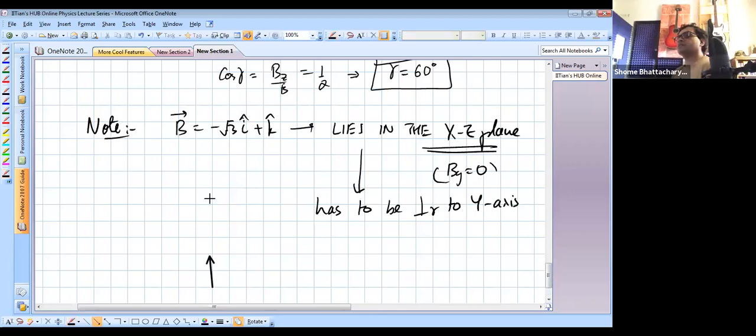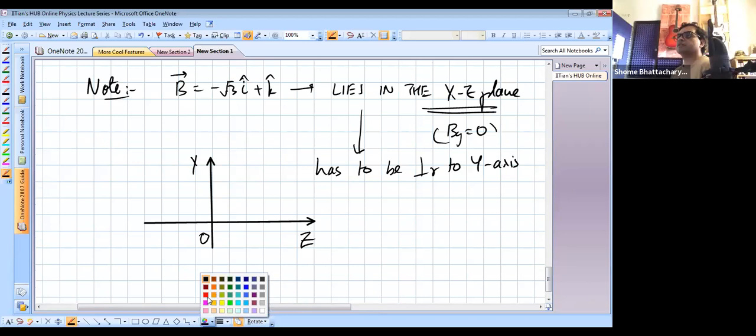this is my x-axis and this is my z-axis. I'm looking into the xz plane. So how will this vector look in this diagram now? This vector v will look like this.